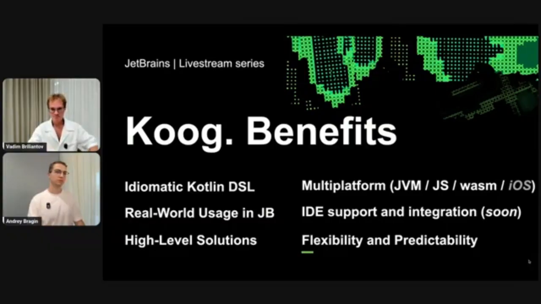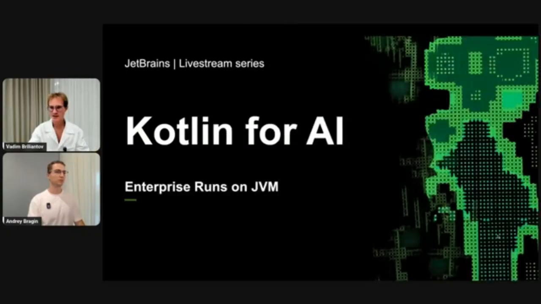And that's part of the Koog benefits, but there is also a huge part that is basically gifted to Koog by Kotlin as a language. The first one is access to the enterprise.